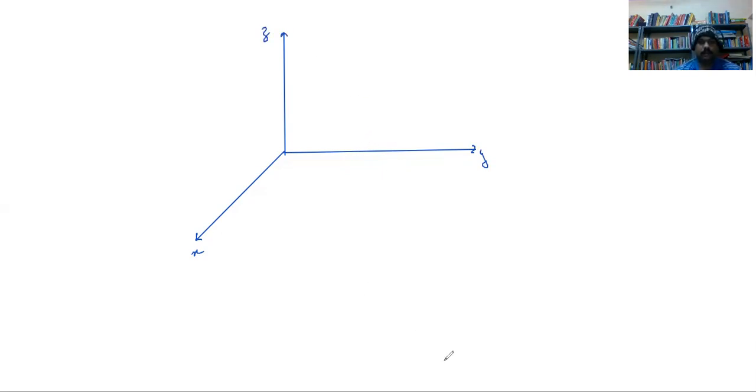I will have a small volume element dV like this.